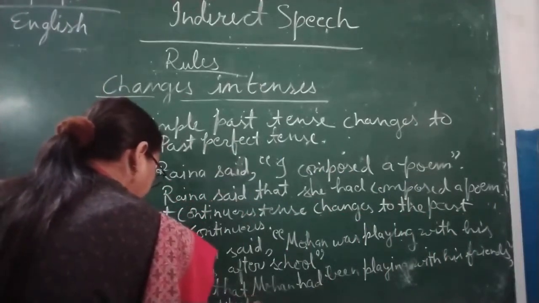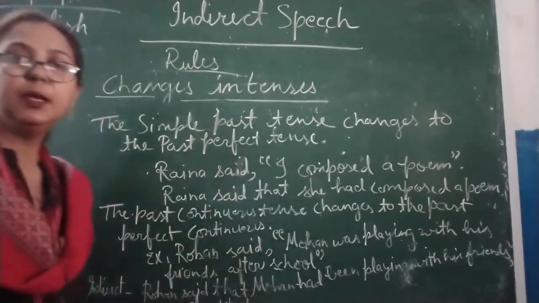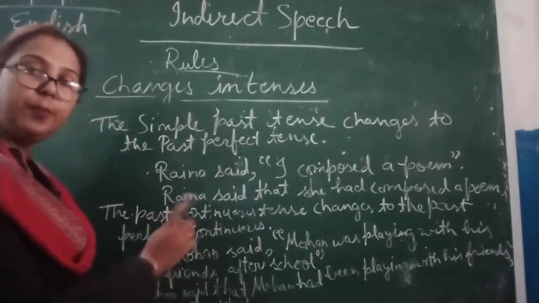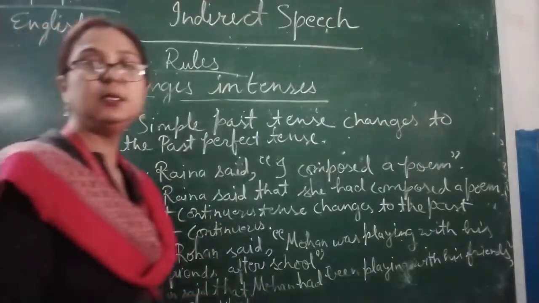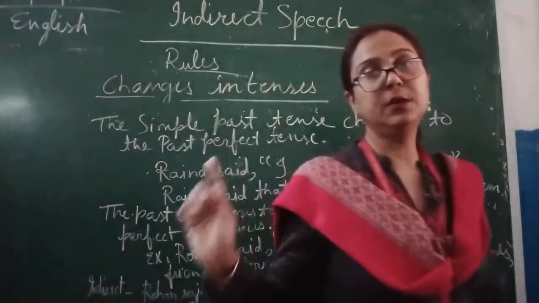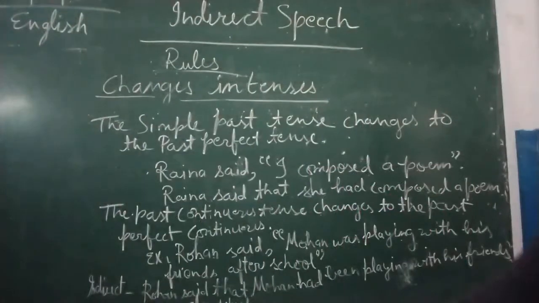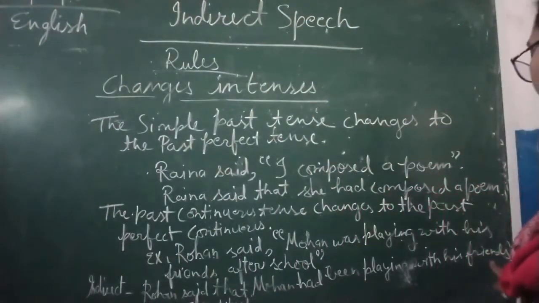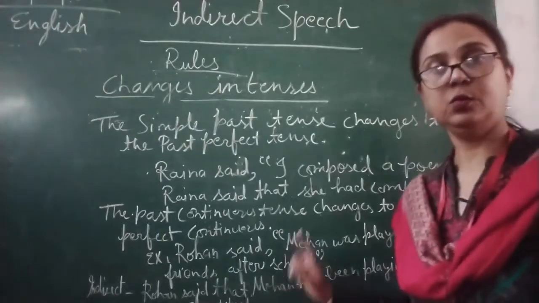Okay children? Now here you can see that I have changed past continuous tense into past perfect continuous tense. So what we have changed: Rohan said that Mohan had been playing with his friends after school.